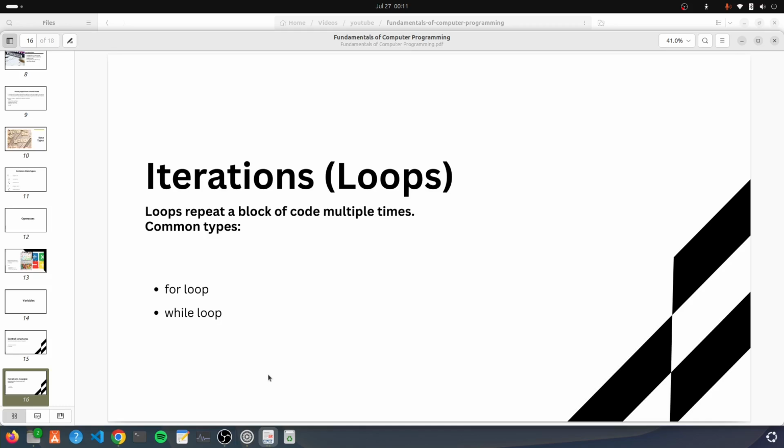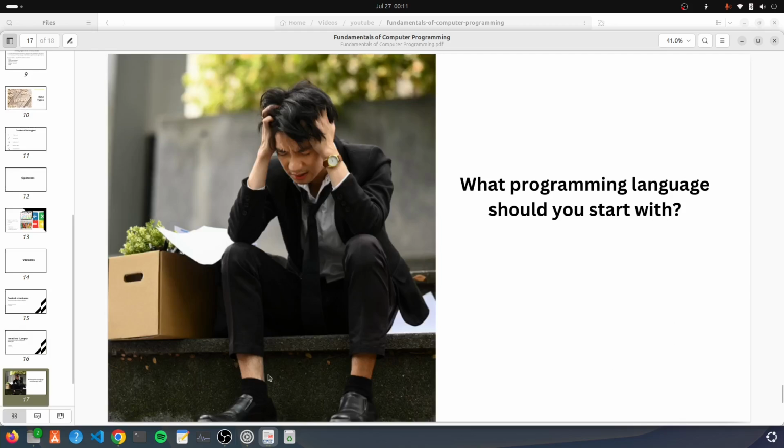So yes. Now the question is, after understanding all these things, what programming language should you start with? In my view, there is no right or wrong programming language to start with. It depends on which part of IT you want to venture into.